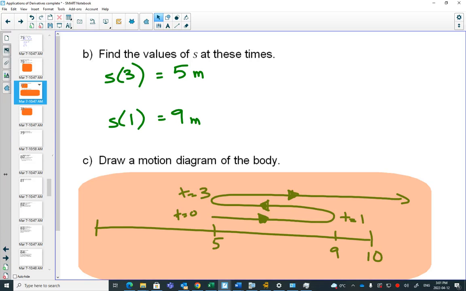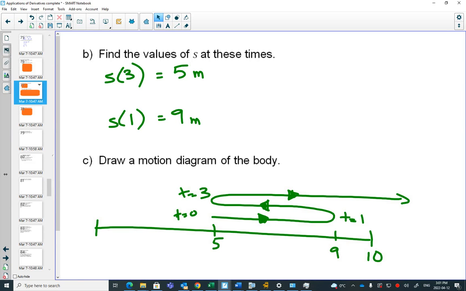And then your motion diagram, starting t equals 1, t equals 3, and then it keeps on going. Question?